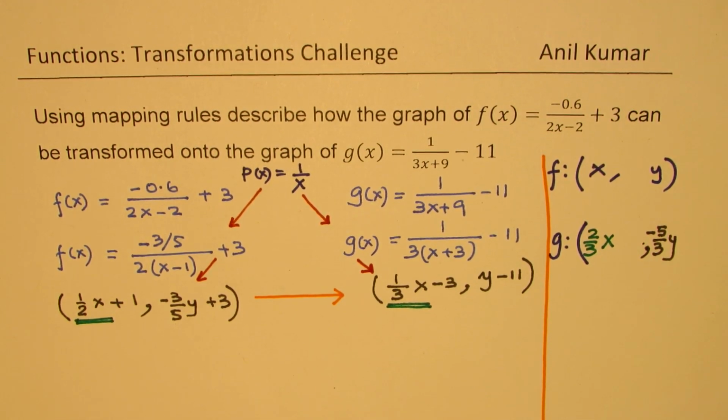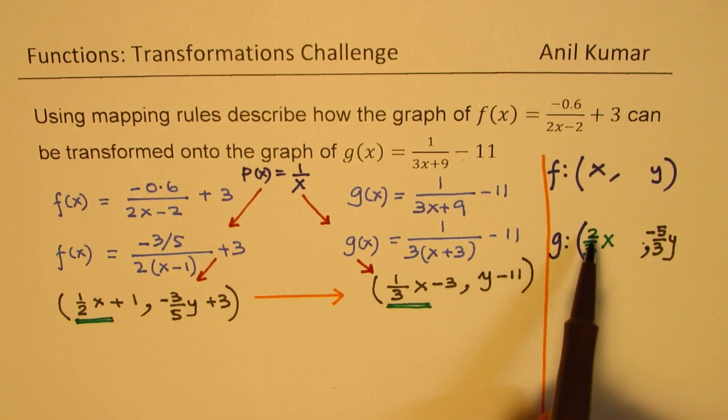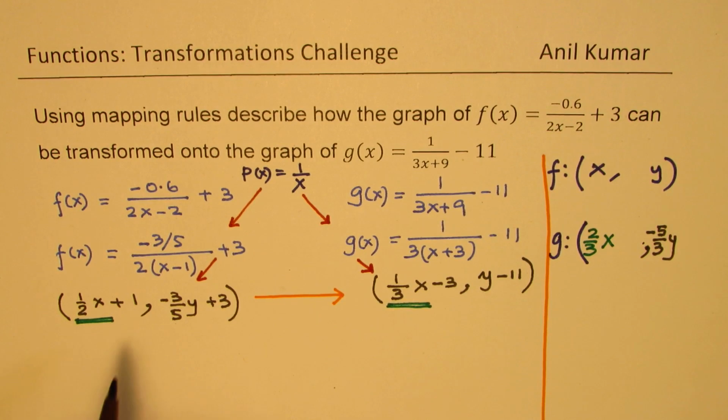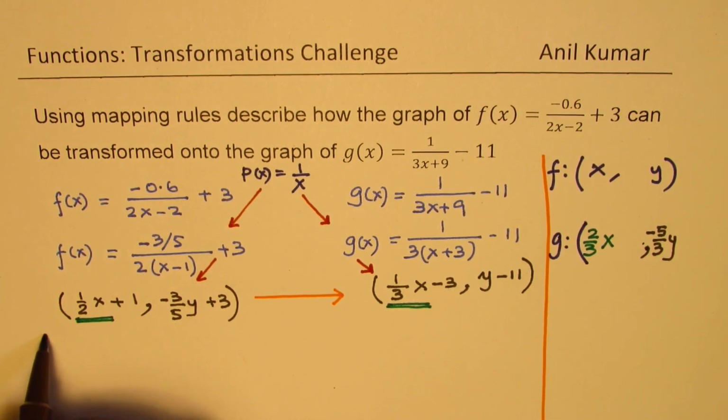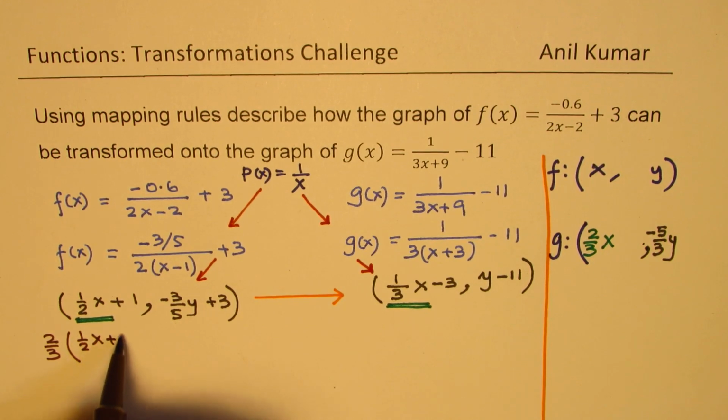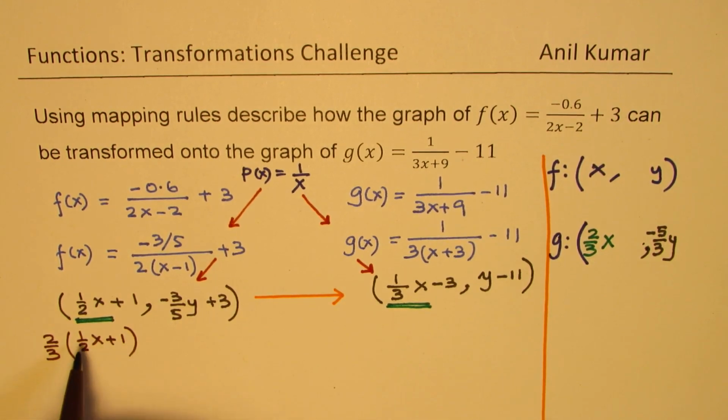Now let's talk about translations, horizontal translation first. We have already multiplied this by 2/3, correct? So what I'm trying to say here is that we have 2/3 times (1/2 x plus 1). If you open this, you really get 1/3x plus 2/3.